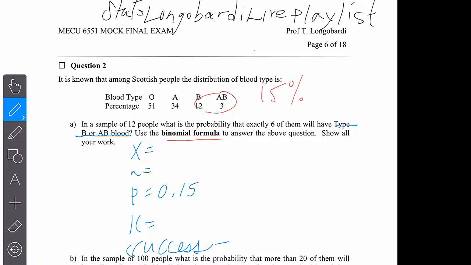Then we're going to try looking for B and AB blood 12 times from 12 different people, right? And the possible answers are: no people have a B or AB blood, 1 person has it, 2 people have it, 3 people have it, 4 people have it, and so on.